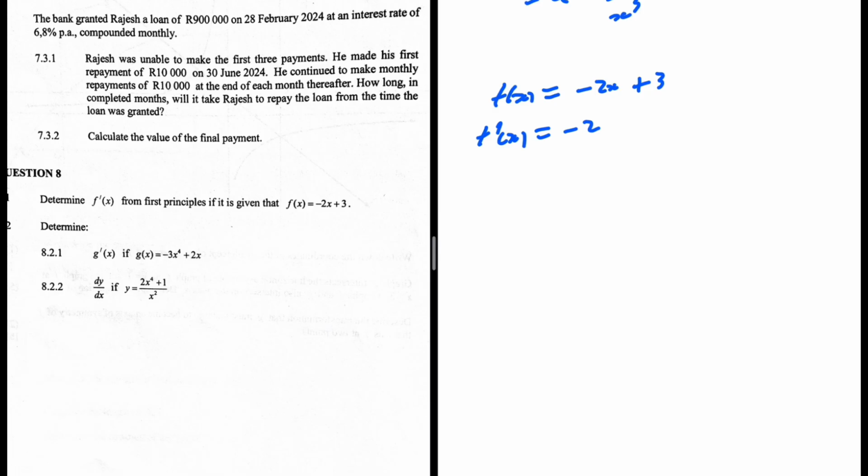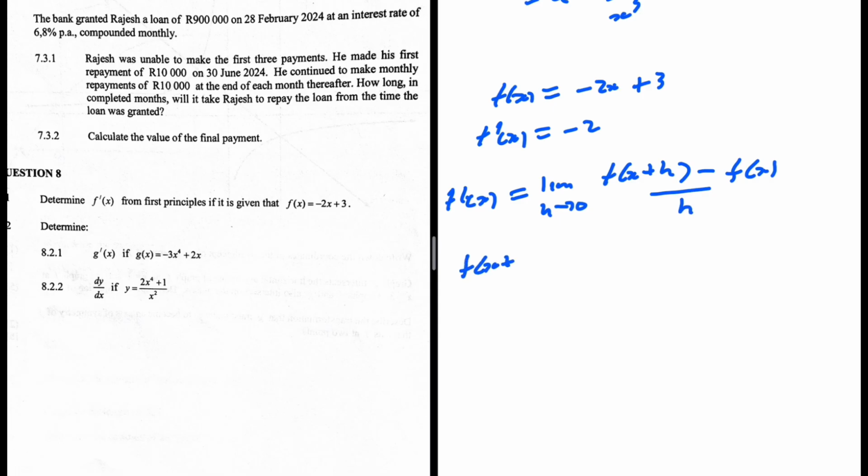is equal to the limit as h tends to 0 of f of x plus h minus f of x, everything divided by h. So f of x plus h will be equal to minus 2 times x plus h, plus 3.